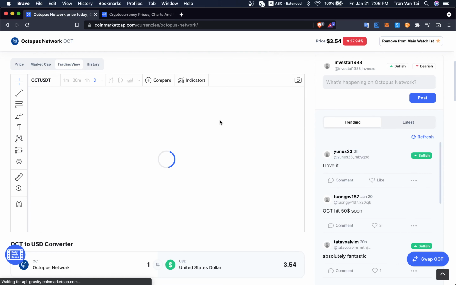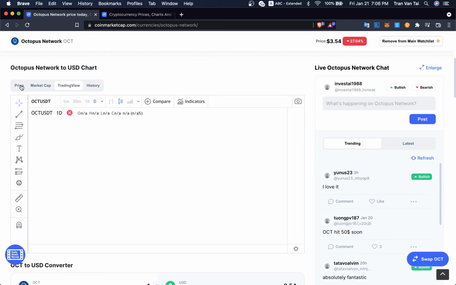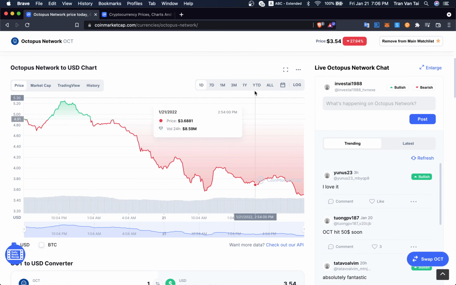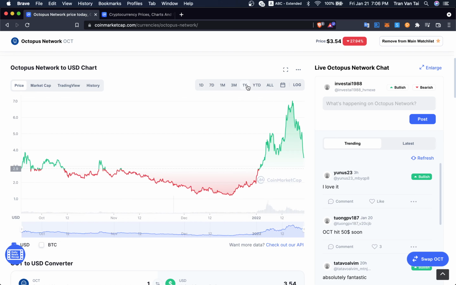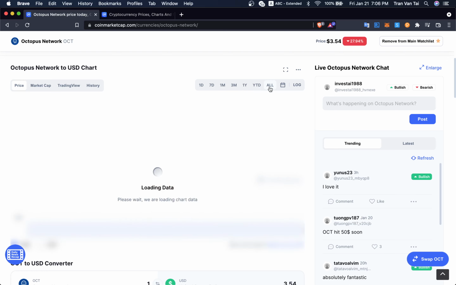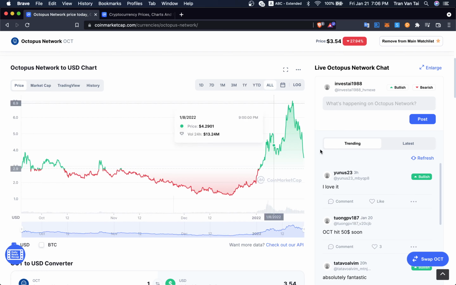You can see the price in 7 days, 1 year, or all time.